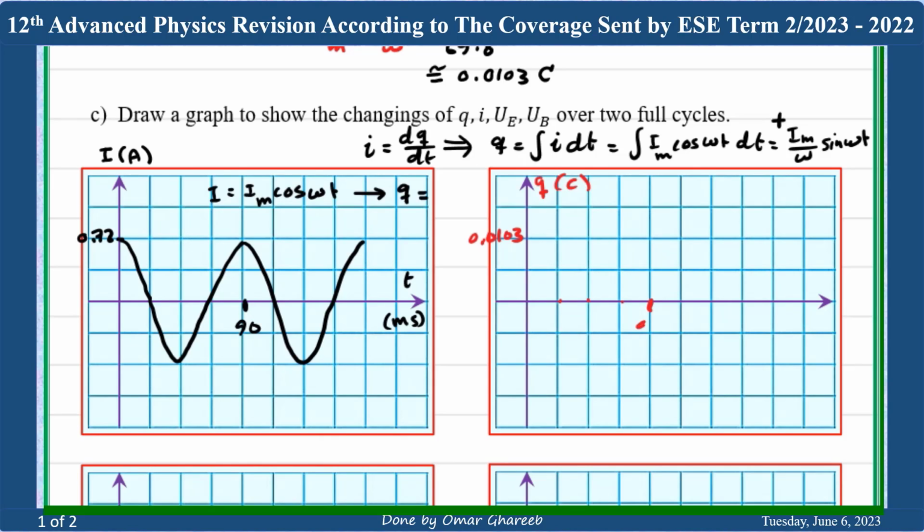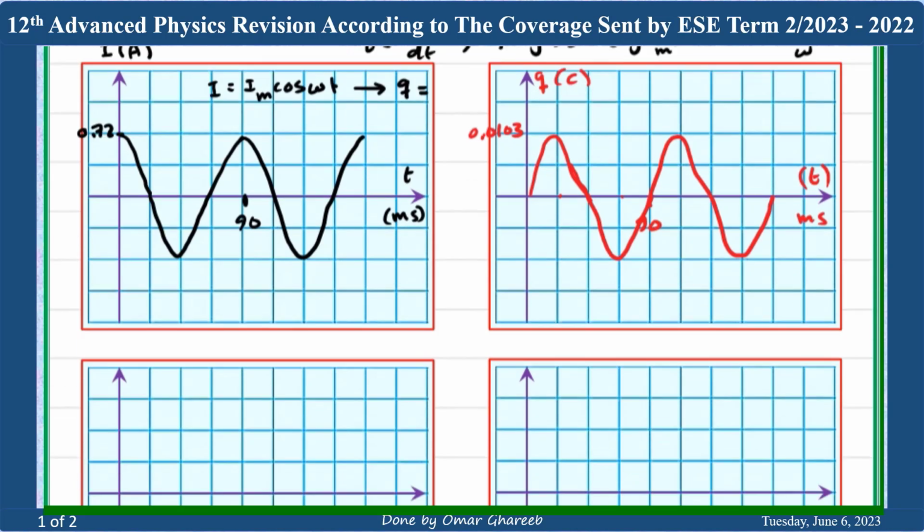Here the period is 90 milliseconds. This is the time, and we need to draw a positive sine function. So go up, down, then negative maximum, 0, maximum, negative, and that's it.